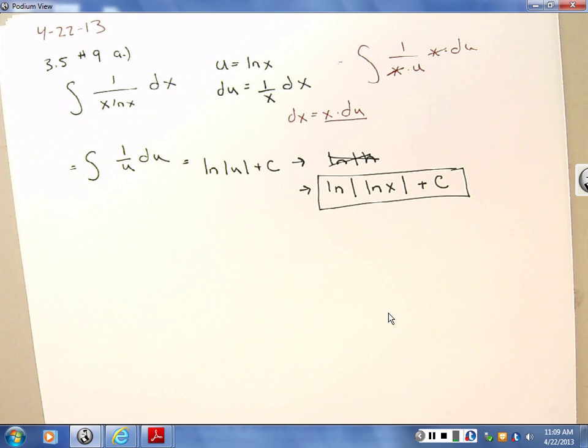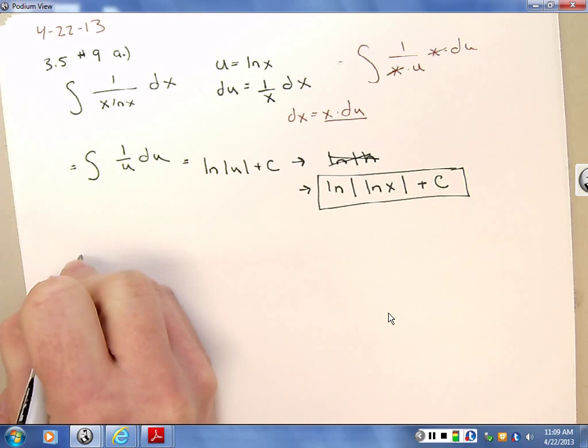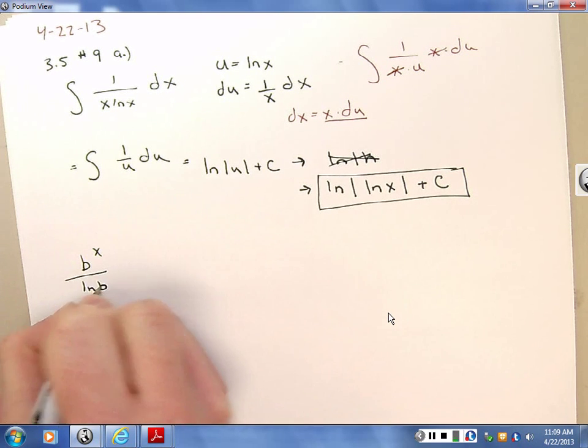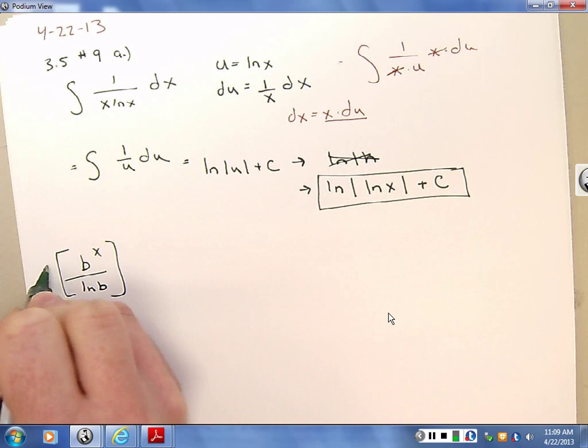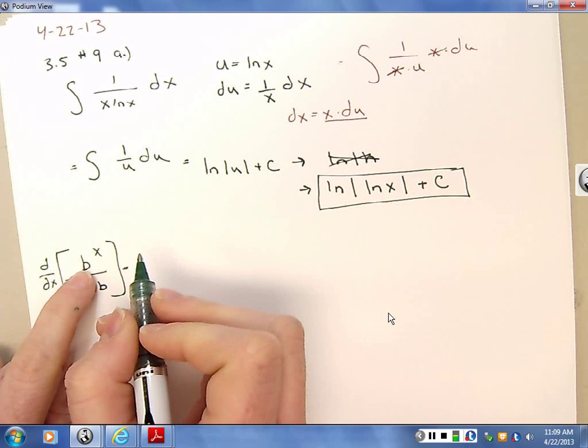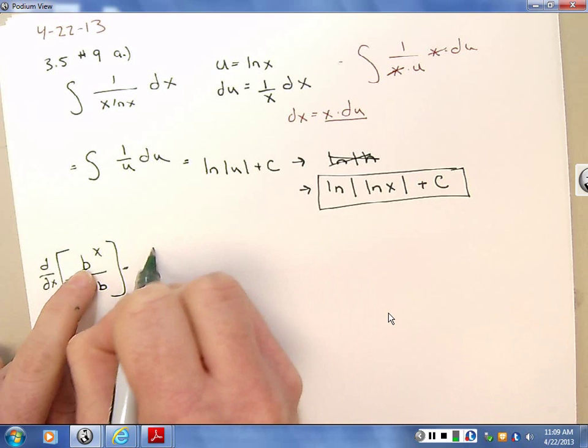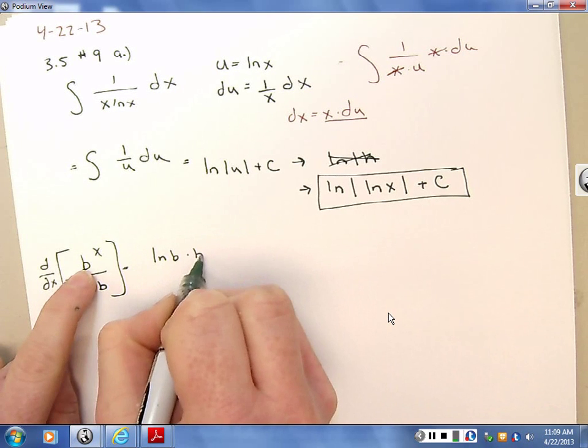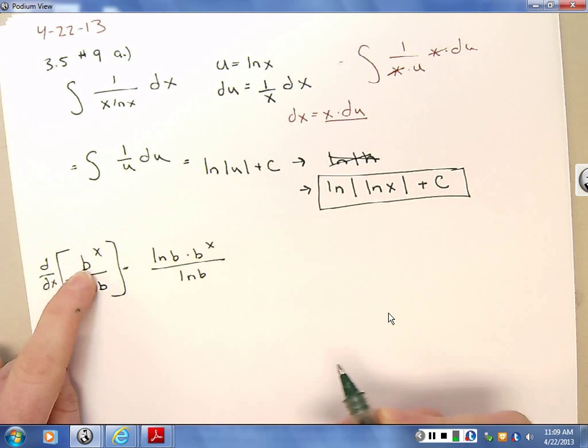So you're asking about b to the x over ln of b, and you're asked to find the derivative of that. Well, the derivative with respect to x of b to the x is ln of b times b to the x, and then ln of b is just a number.